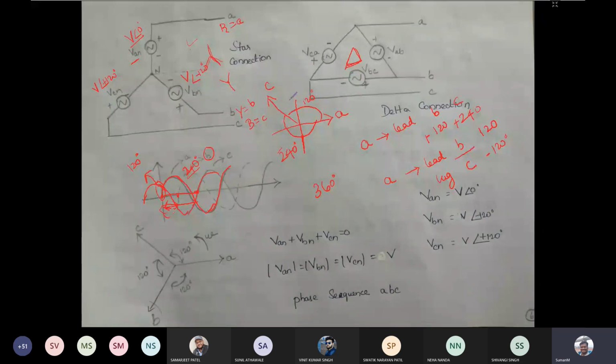So here, if you are seeing in this anti-clockwise direction, then your C phase is leading the A phase because we are moving in the anti-clockwise direction. Whereas if you are moving from C to A in this clockwise direction, then your C phase is lagging the A phase by 240 degree.